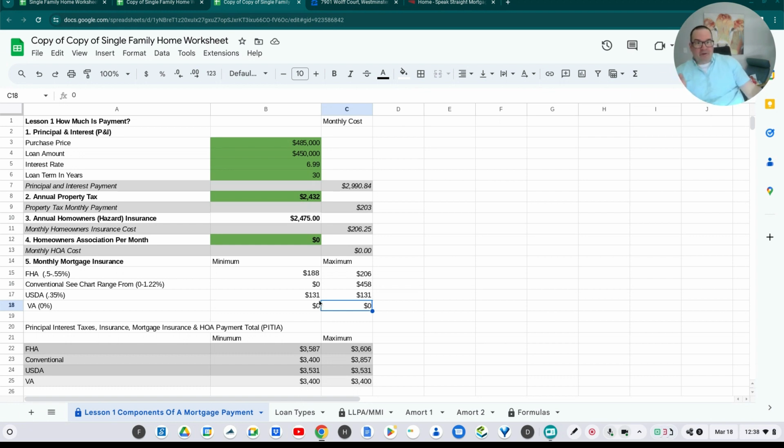So that's a brief overview. Next, we're going to go into loan types and how they affect the loan amount, how much you need to put down, and mortgage insurance. But this first lesson is just to give you a basic overview of the components of a mortgage payment.